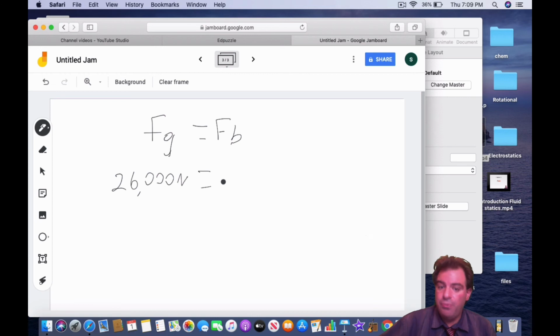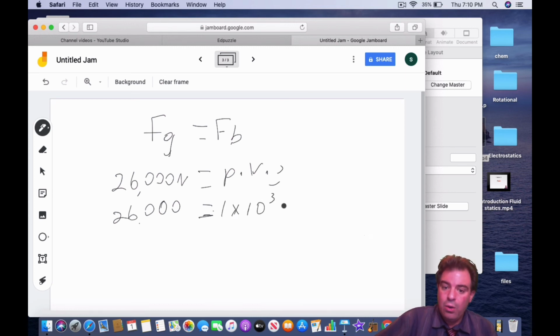So now we have to calculate the force of buoyancy that corresponds to this. Again, it is rho V g. Here we have 26,000. Rho, of course, is the density of water, 1 times 10 to the third. The volume is length, width, and height.